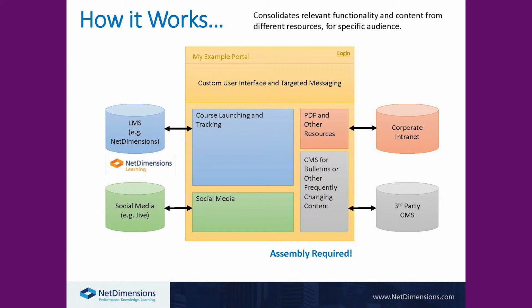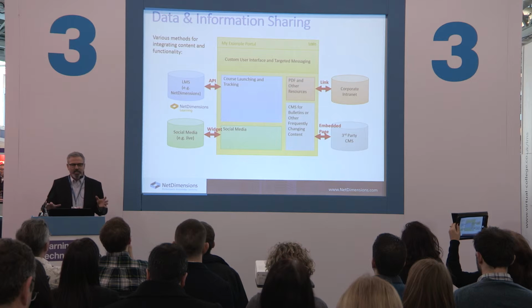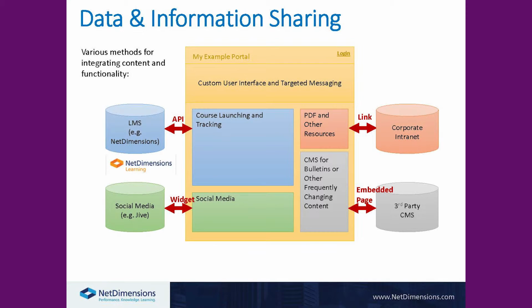Well, it's basically a bunch of components from disparate areas, different functions, and we're going to consolidate them into one website. We're going to do that using different technologies. So, for example, in the case of a learning management system, we use APIs, or application program interface, to access data from within the learning management system and share that data back.